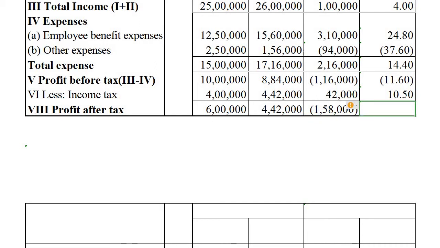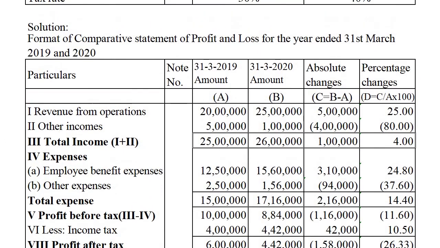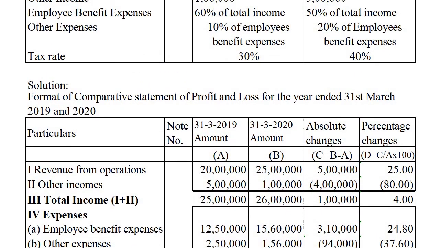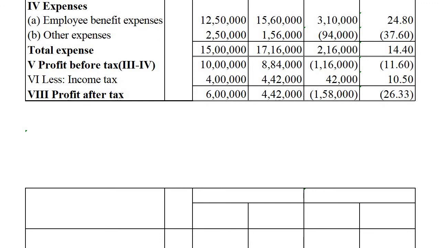And that decrease in percentage is 26.33%. So this is all about the comparative income statement.